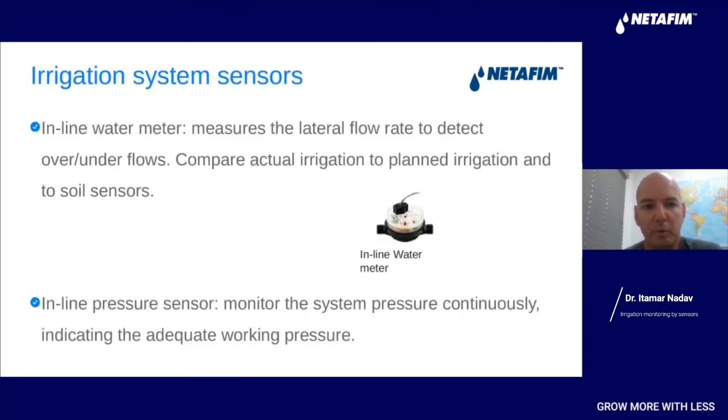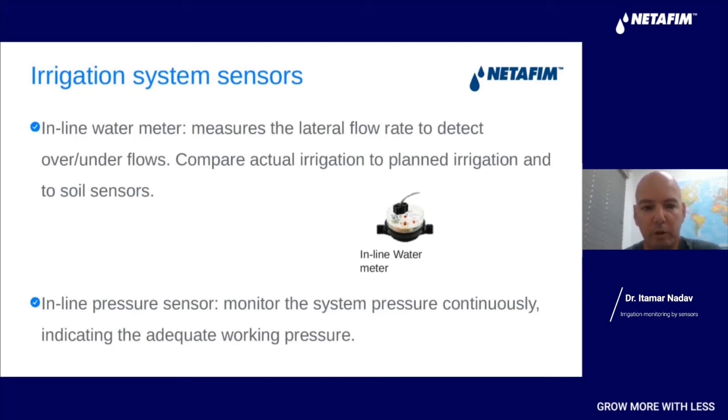And we have another type of sensor, which is irrigation system sensors. We have inline water meters that measure the water flow in the laterals. And you can actually compare if we gave the exact amount of water as we intended. Sometimes we have irrigation problems like water loss or pressure loss, and we don't actually give the entire amount of water as we plan to.